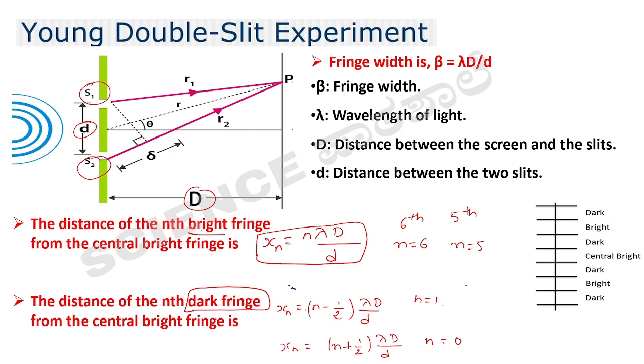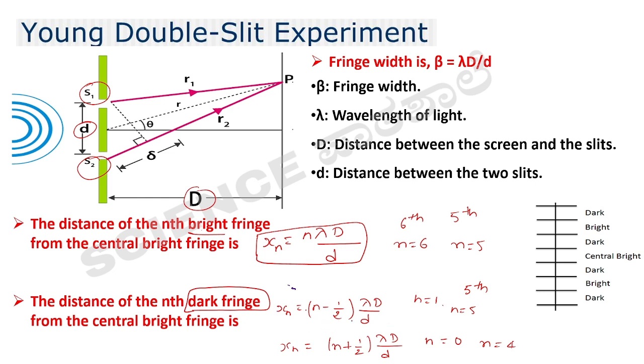For example, if they give the nth dark fringe as 5, then n is equal to 5 for the first formula. For the same dark fringe, if you take the other formula, then n is equal to 4. So it depends on which one you take.